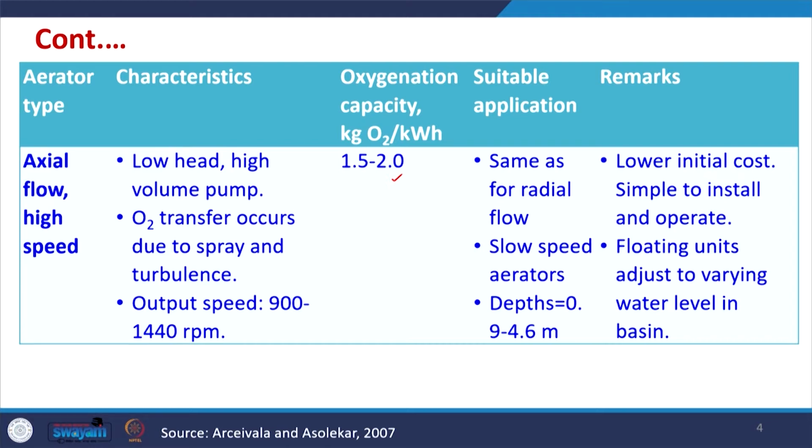Their depth is also good, up to 4.6 meters, approximately 15 feet. They have lower initial cost as compared to the earlier type, and are simple to install and operate. So, these are the common ones.